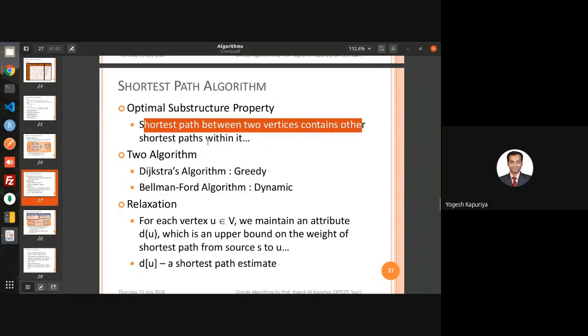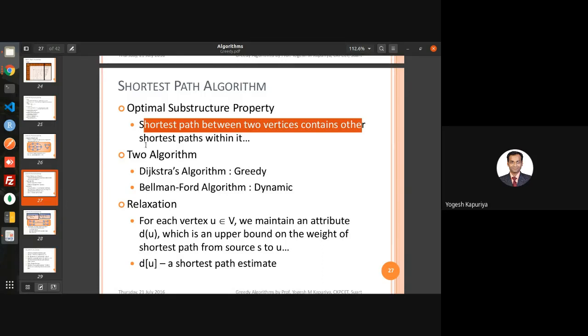A very simple example: if you want to find the shortest path between, let us say, Mumbai and Ahmedabad, what is the shortest path between these two cities? In the larger context, you have a shortest path between Mumbai and Surat, and another shortest path between Surat and Ahmedabad. So the shortest path between Mumbai and Ahmedabad contains the shortest path between Mumbai and Surat and between Surat and Ahmedabad. This is called an optimal substructure property.